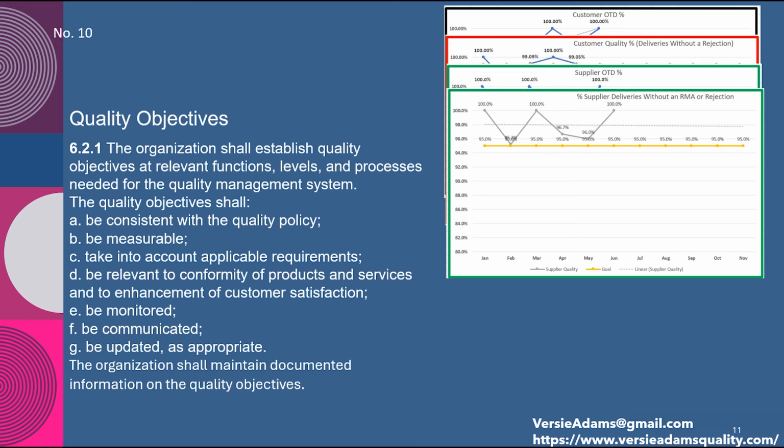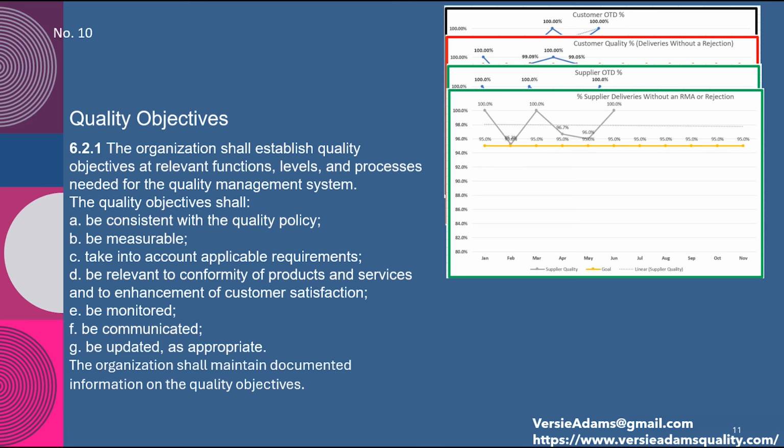Okay, and another one that I'm finding is oftentimes, say we're in September, I'm walking around the facility and I'm looking at quality objectives that are posted, and we're in the month of September, but the quality objectives were last updated in June. So there's no July and there's no August.